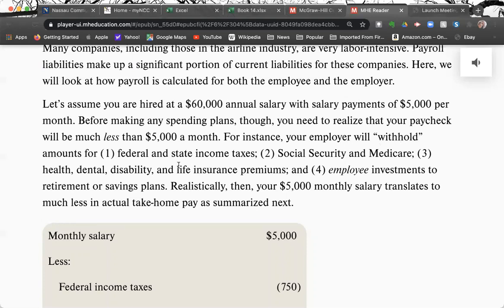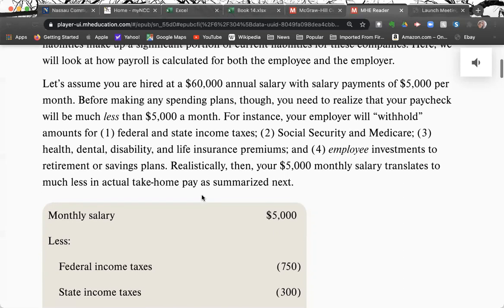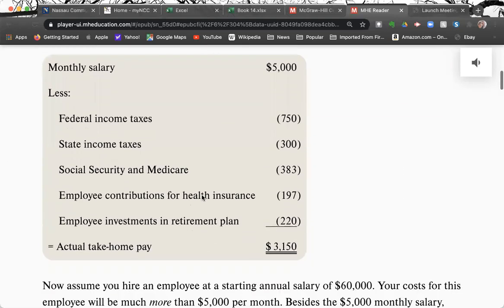So you know that the employer is going to withhold federal and state tax, Social Security, Medicare tax, any kind of health insurance premiums that you have to pay, any investments to your retirement plans. So realistically, your $5,000 a month salary comes down to $3,150 in take-home pay, right? Very disappointing, right?